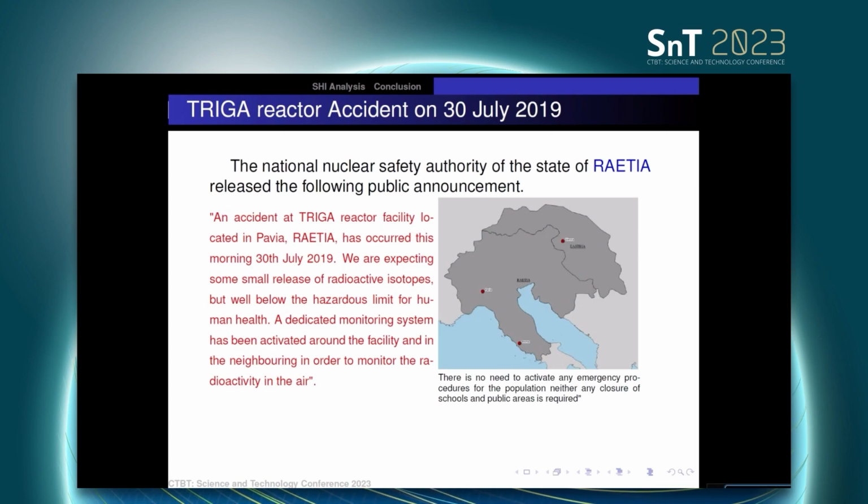This state announced a nuclear accident from a reactor on the 30th of July 2019. And also one of its neighboring countries, called Istria, asked the CTBTO to help the state to make an expert technical analysis.